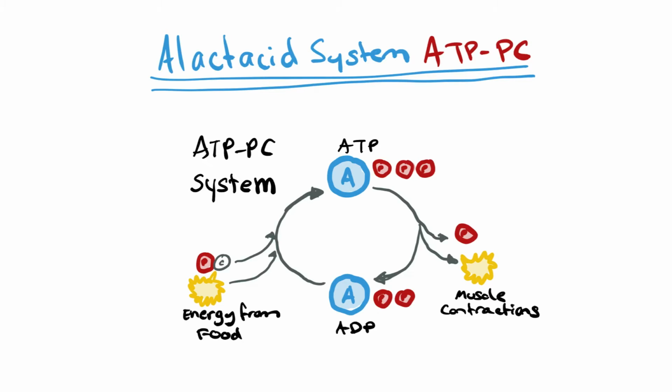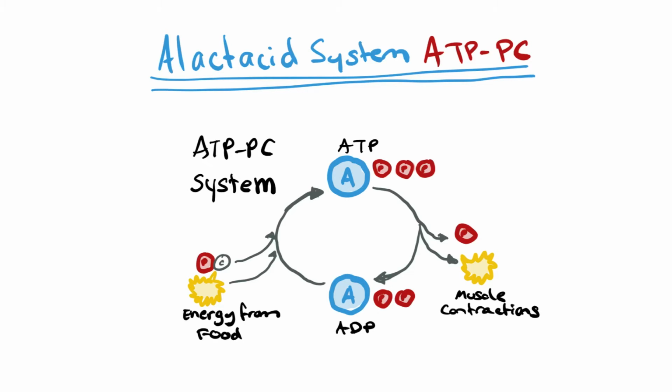And obviously fatigue is caused by the fact that there's limited stores of ATP in the muscles. Now there are no byproducts of ATP, so once the ATP molecules have been used up, there's nothing that's going to be left behind that's a chemical in the body, say like the lactic acid system.